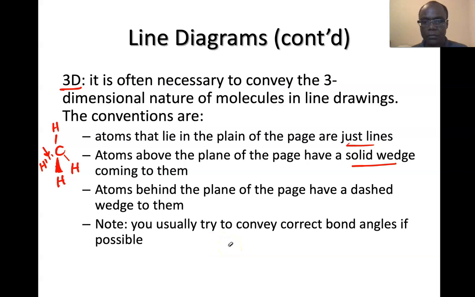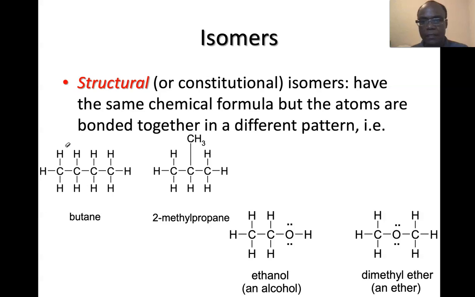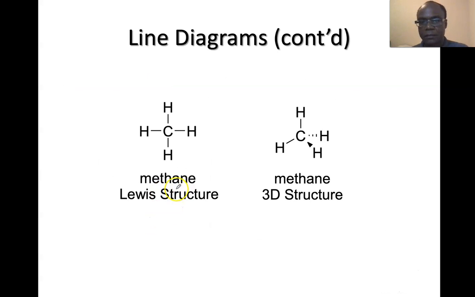So you usually want to keep the angles as needed because here it is 109.5. I've talked about that. So this will be the Lewis structure. Lewis failed because he thought that this should be 90 degrees, but that's not the case. It's not 90 degrees because the electrons in the bonds will repel and maximize their space.